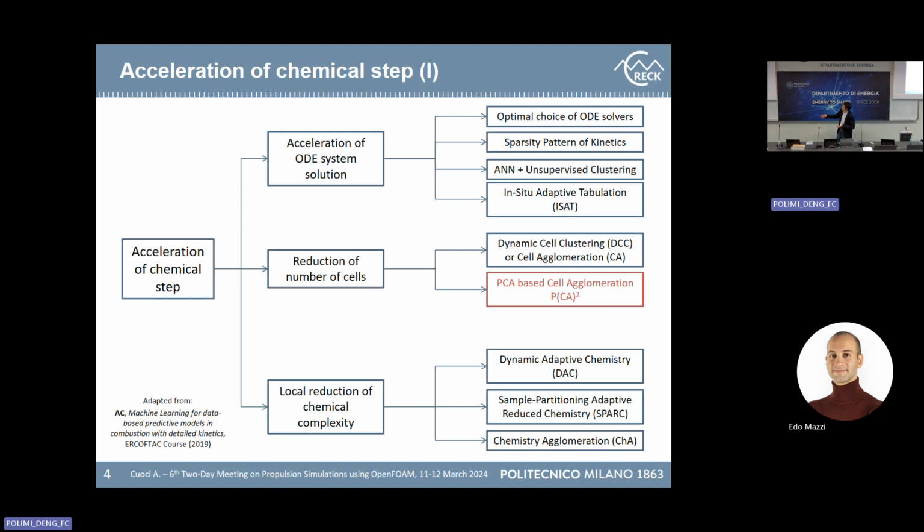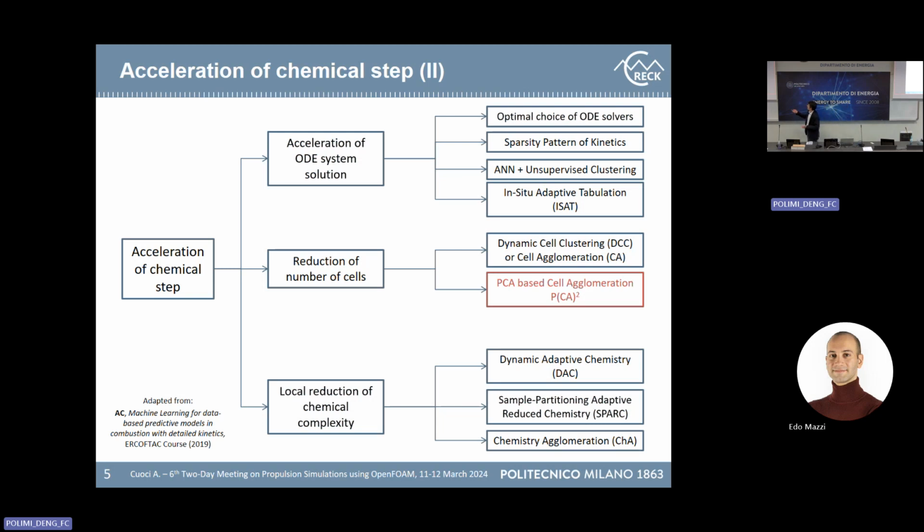Or we can locally reduce the complexity of chemistry, which means we locally reduce the size of the kinetic scheme by removing unimportant reactions or unimportant species.